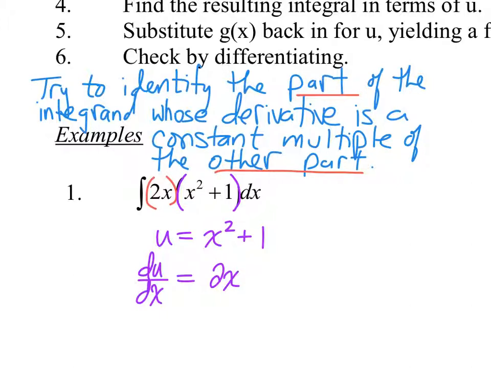All right? But what we're going to do in the next step is bring that dx over to the other side. So we're going to make this du equals 2x dx. All right. The idea is that it's a substitution technique. I want to replace all my x's with u's.